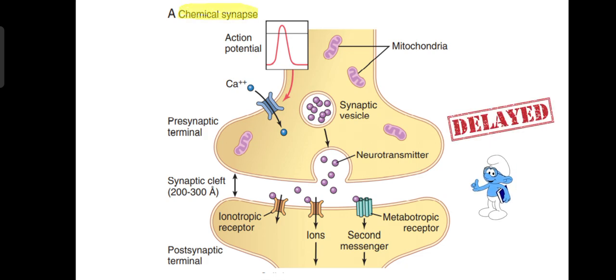Synaptic delay is another important feature of the chemical synapse. It is a slower type of communication than the electrical synapse.